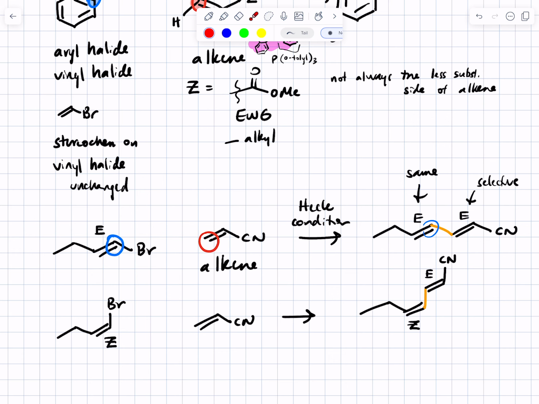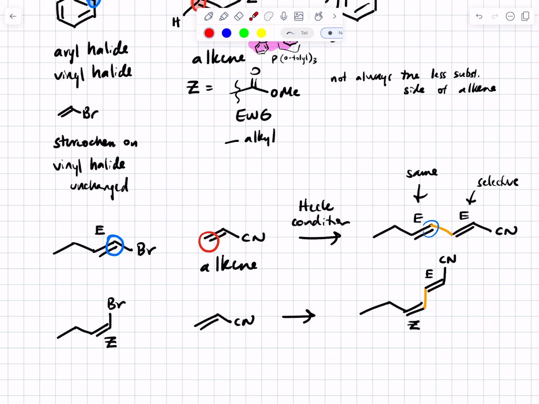It's selective for the E stereoisomer on the side of the alkene. So you can see that over here, if we change the vinyl halide starting material to Z stereochemistry, we get the same Z stereochemistry in the product, but again, we're selective for E on the side of the alkene. All right, yes?